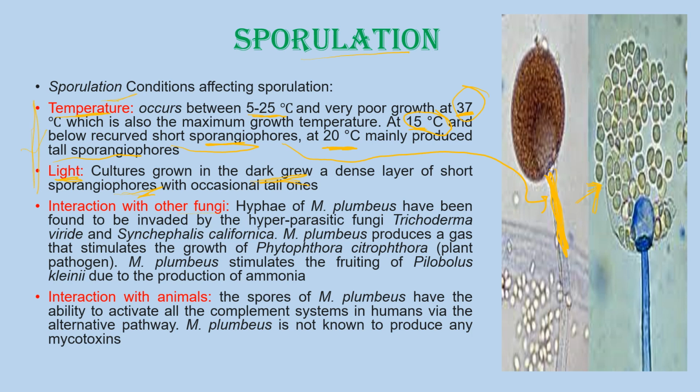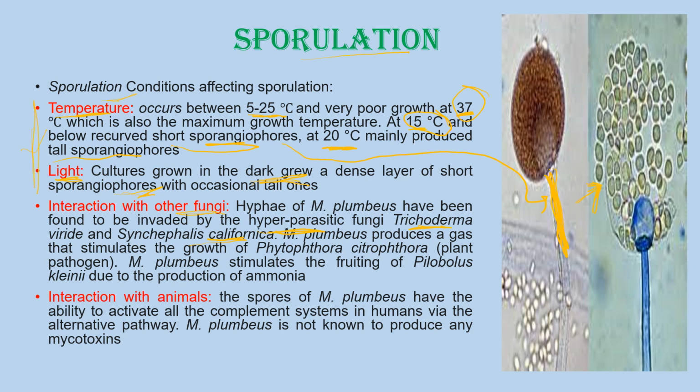Mucor has certain positive as well as negative relations with other types of fungi. When Mucor is hyperparasitized by these fungi, the sporulation is totally suppressed.